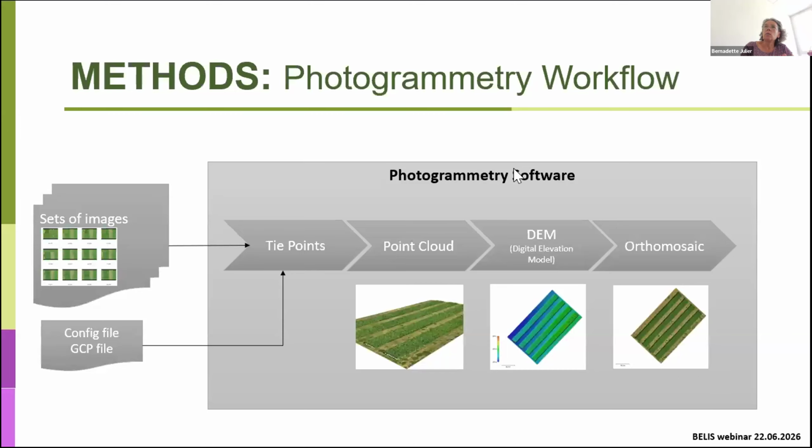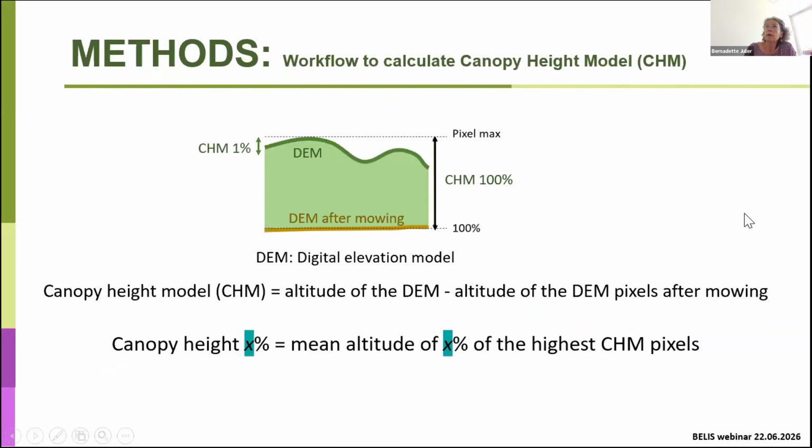The method is photogrammetry. The workflow is not specific to our system. We start with a set of images, we go to tie points, we produce point clouds, then the DEM and the orthomosaic. So nothing specific here.